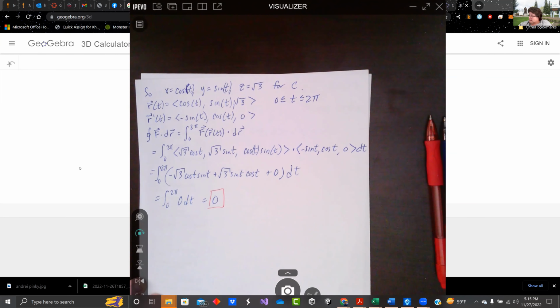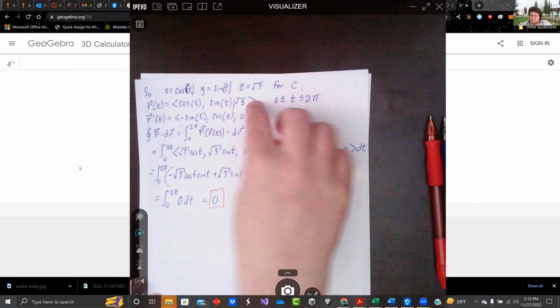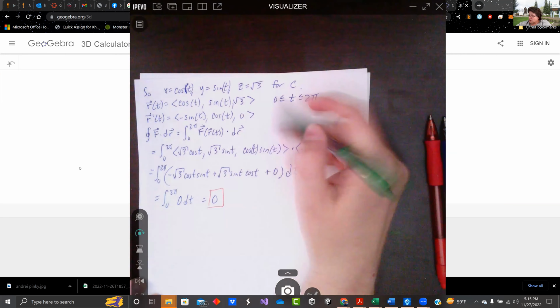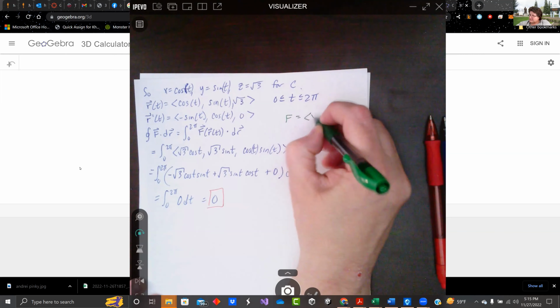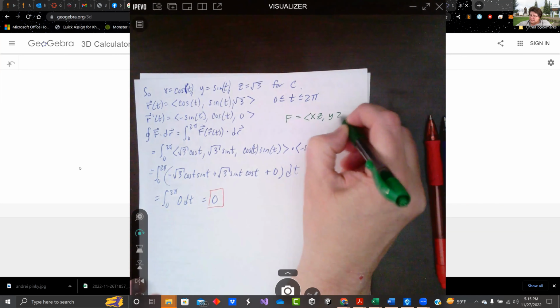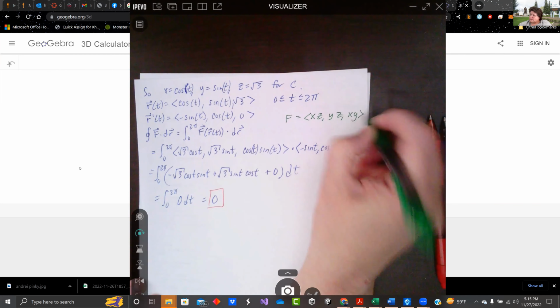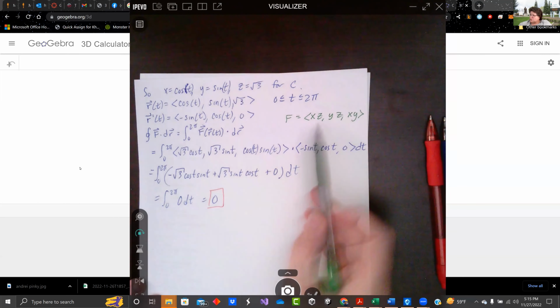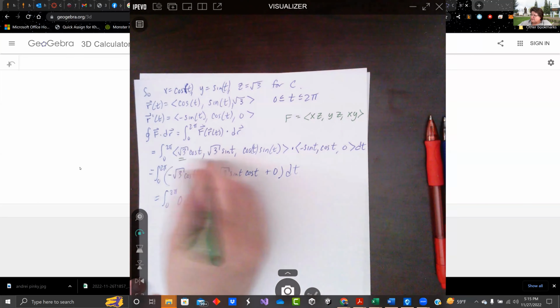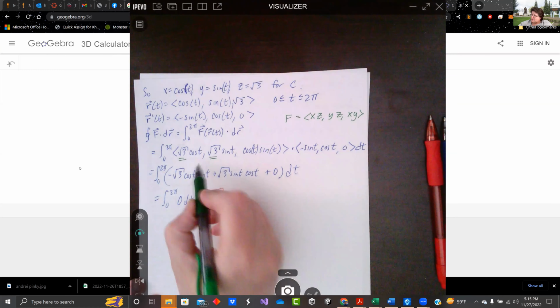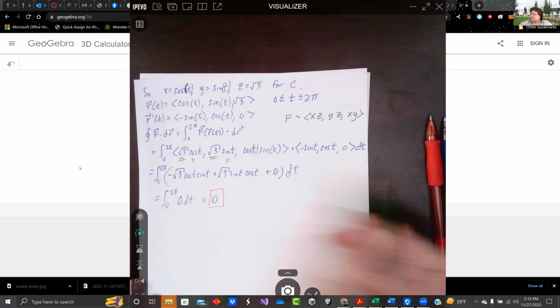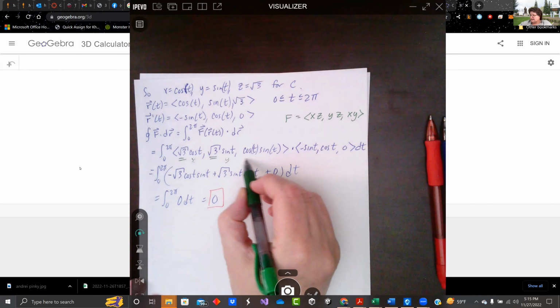If I plug r into my function, recall F was xz, yz, xy. The z is the square root of 3. That's right there. I have the x right there, the y right there, and then xy right there.